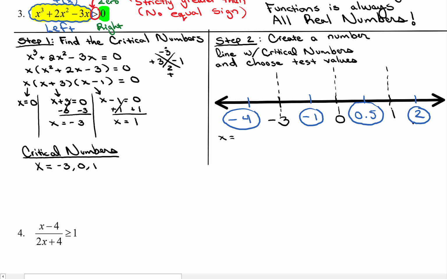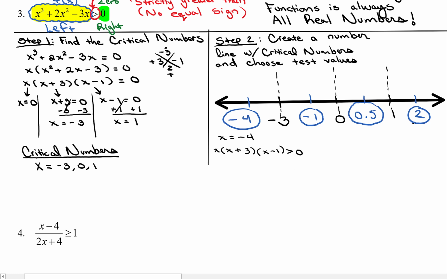So x equals negative 4, and we're substituting into the factored form. I'm going to use the one I factored out, but in terms of an inequality, not the one with the equal sign, right? We want the one with the inequality. So it's going to be x times x plus 3 times x minus 1, greater than 0.